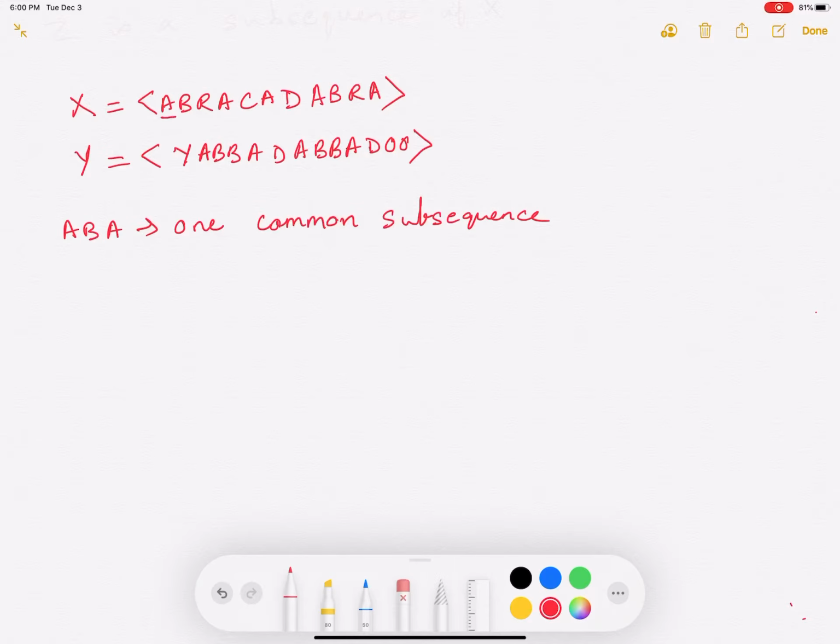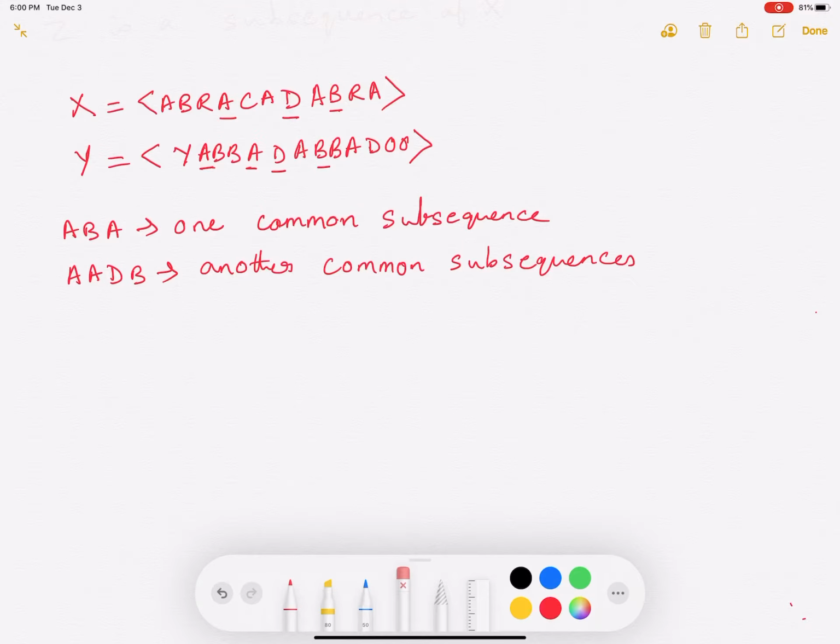So A, D, B is another common subsequence. You can find a whole bunch of common subsequences between x and y here.